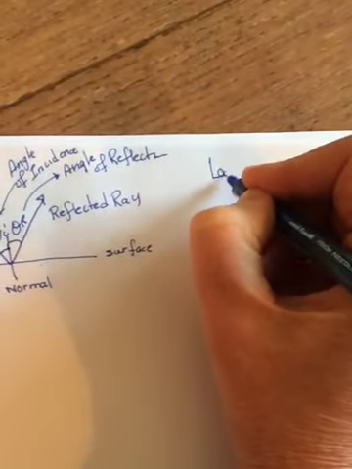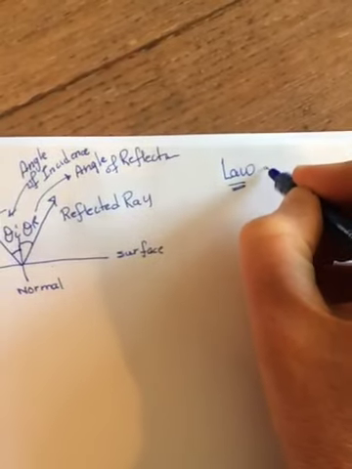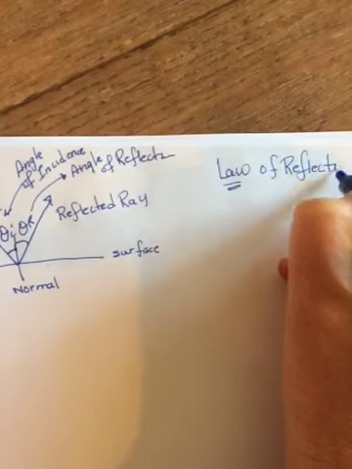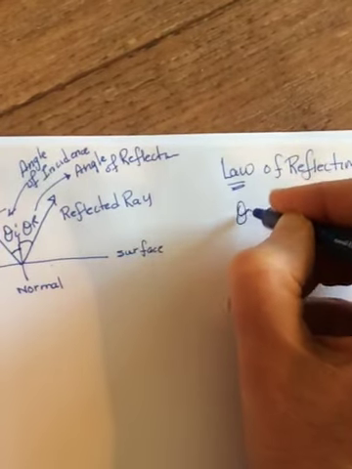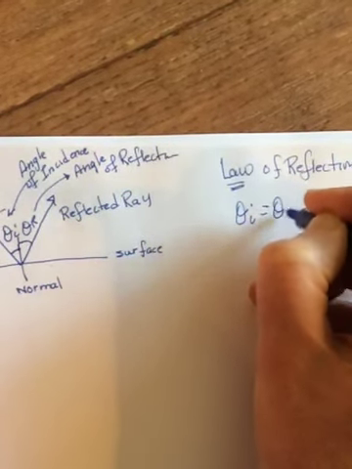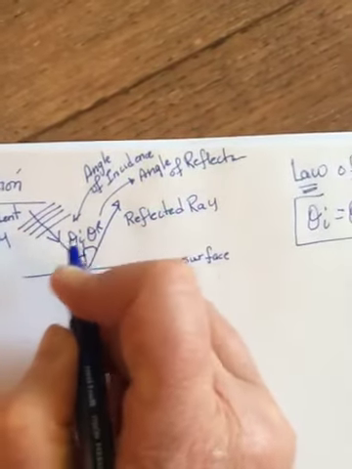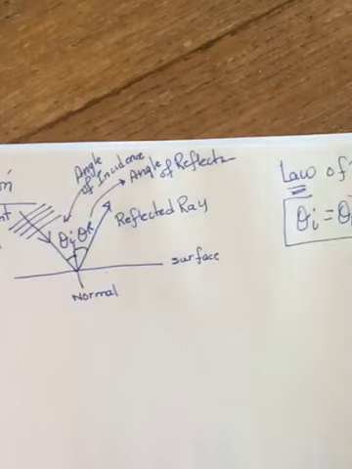Okay, so my law of reflection, always true, is very simple. It simply says theta i will always equal theta r. The angle of incidence will always be equal to the angle of reflection.